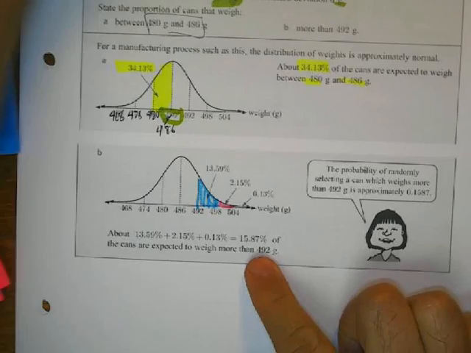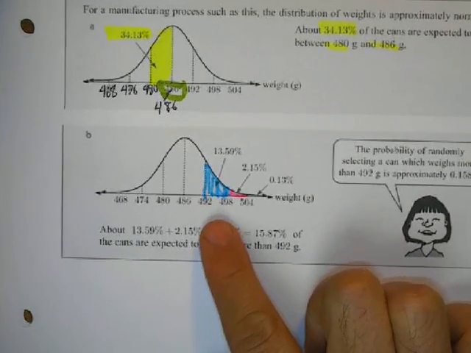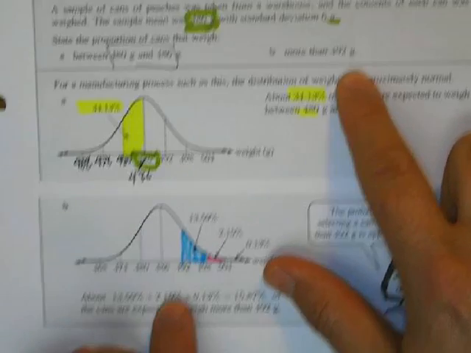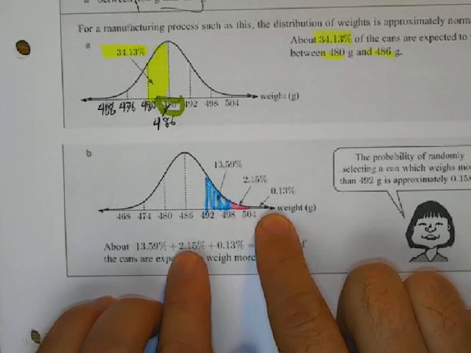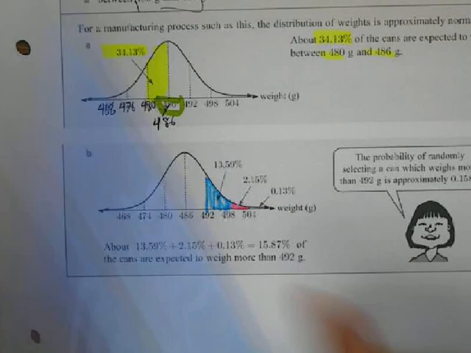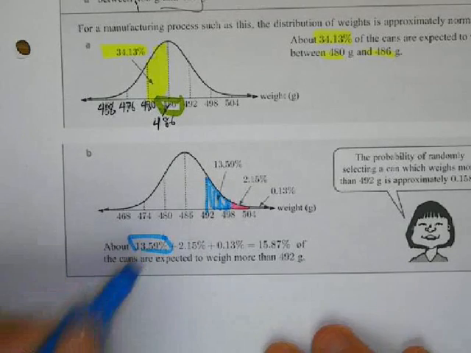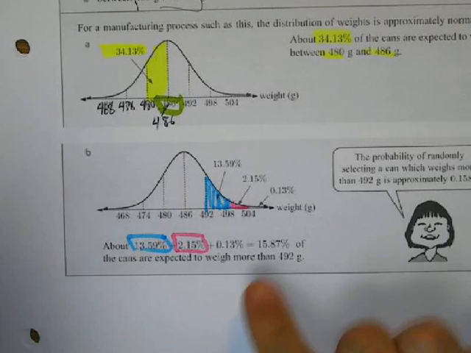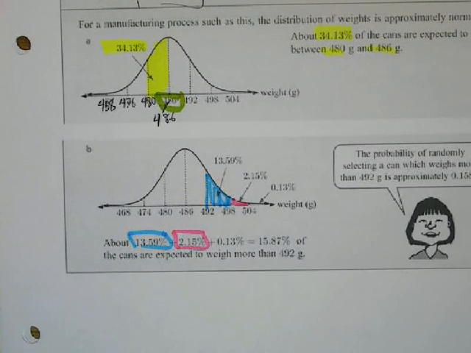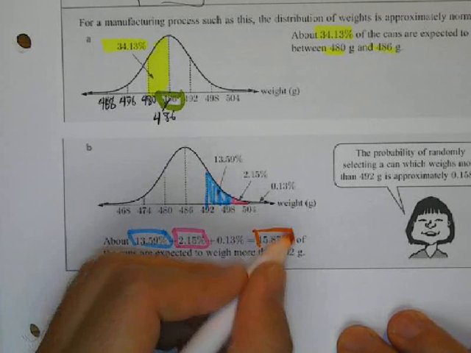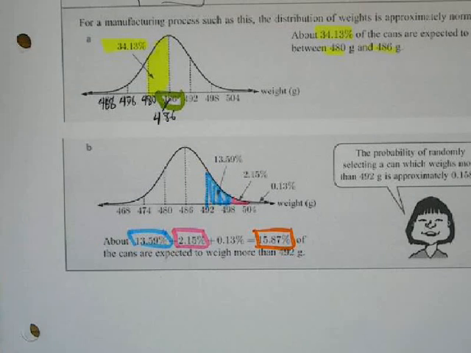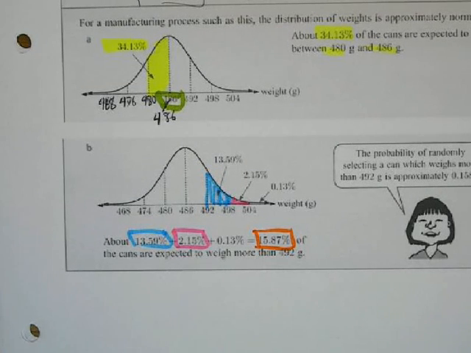So in order to figure out the area greater than 492, like it says, more than 492, I'm going to take these 3 areas and add them together. So this one plus this one plus the last one, my answer is going to be 15.87%, so cans are expected to weigh more than 492. So that should help you with tonight's homework, and send me an email if you have questions.